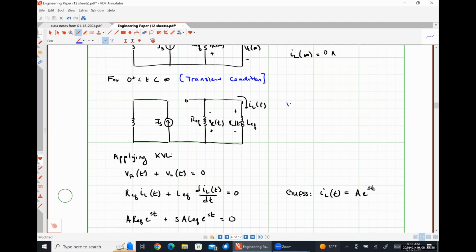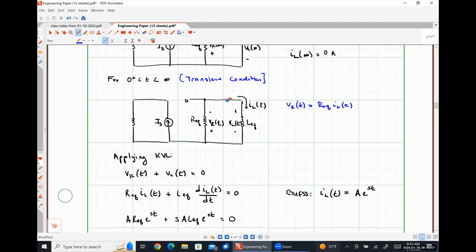During the transient condition, the voltage drop across our resistor is just going to be our equivalent resistance times our inductor current, because all of the inductor current is going to flow through that equivalent resistance by applying Kirchhoff's current law up here at this topmost node, right?